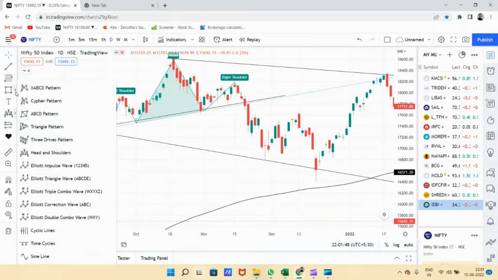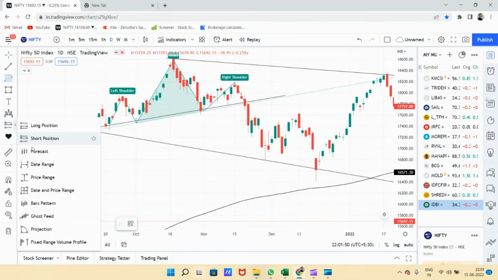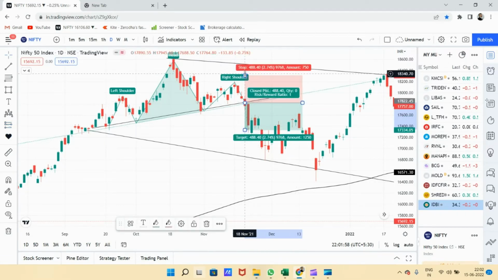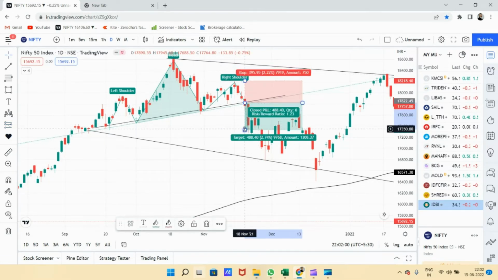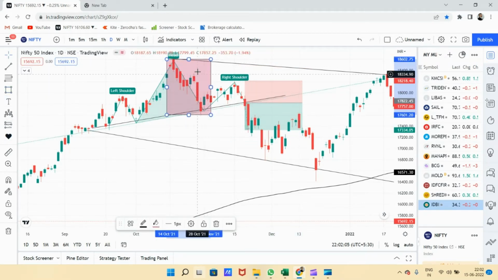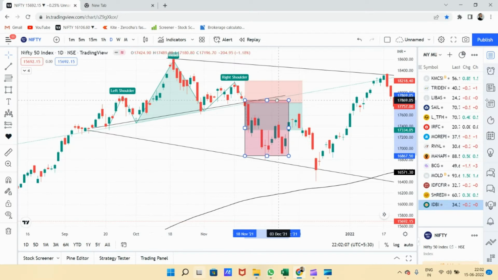So I shorted the Nifty in futures right after the breakdown. I didn't wait for the retest to come. I shorted here right after this level, and I put the stop loss here, and I put the target at this level as I told. So we have to draw like this, and we put it like this, see.